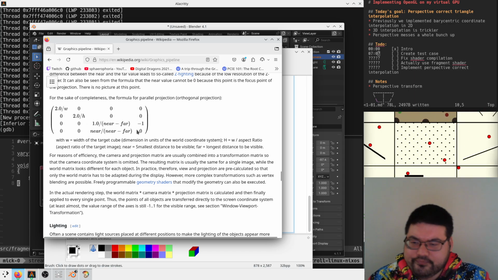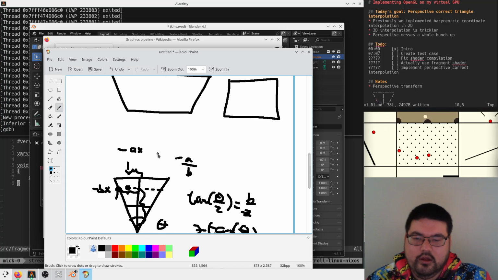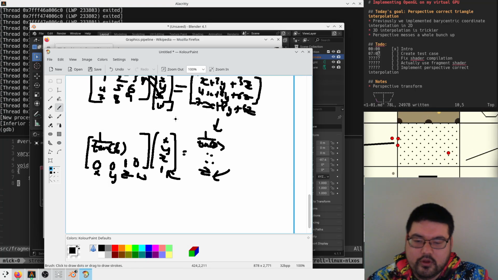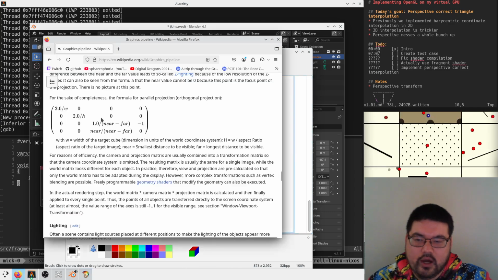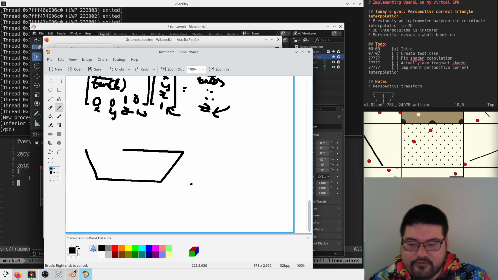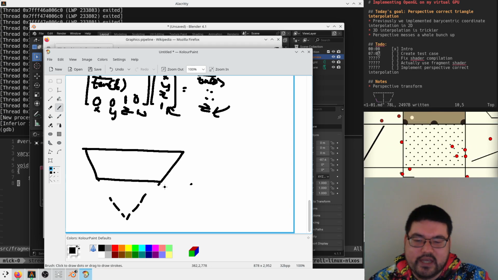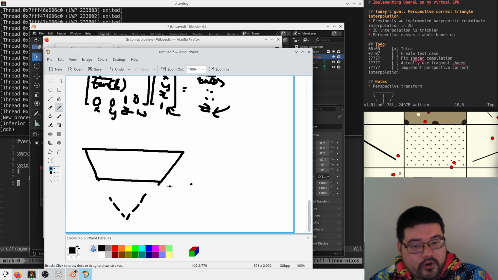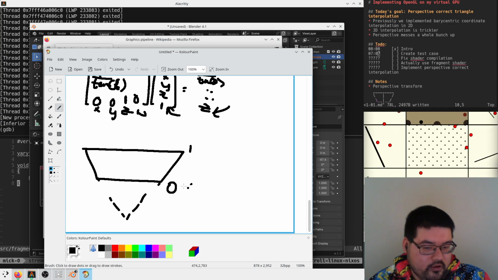Now they have these other two things in here that are a little confusing. What are these for? In this picture, maybe we draw it again. We have the x and y stuff sorted out, but don't forget that we also have to map z, right? If we're trying to fit everything into this box and our camera's over here, we want to say that this is 0 and this is 1.